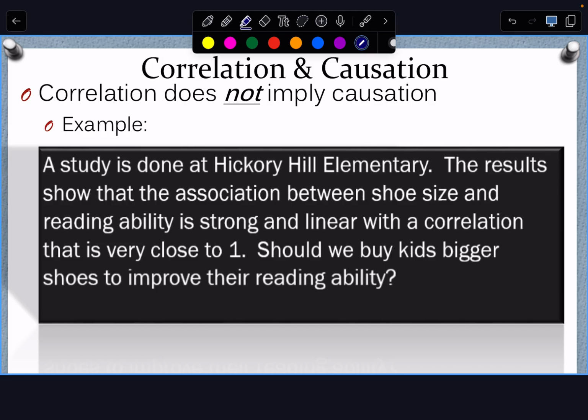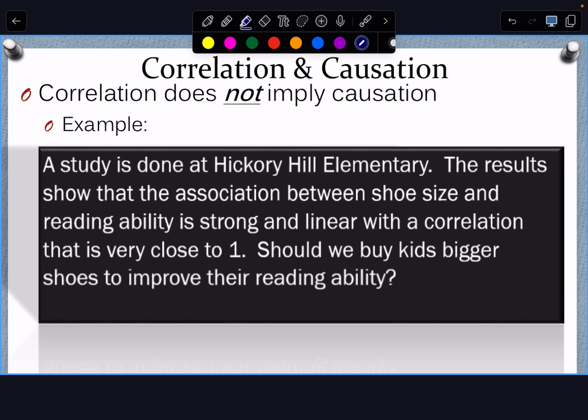The problem is, when we measure correlation, we're measuring the strength and direction of the relationship between my two variables, but I'm not doing anything to determine cause and effect between the two. So as an example, a study's done at Hickory Hill Elementary.